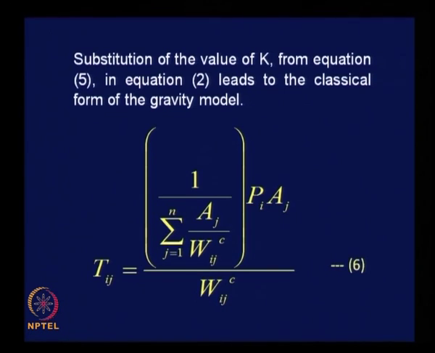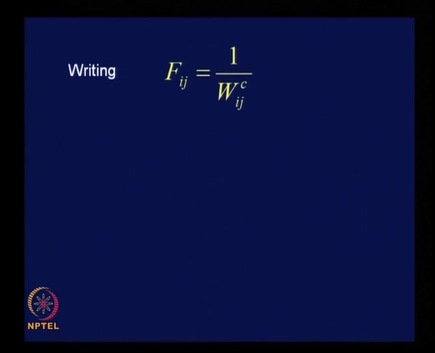I am simply substituting the value of k from equation 5, the previous equation, in equation 2, and this leads to the classical form of gravity model. Clear?